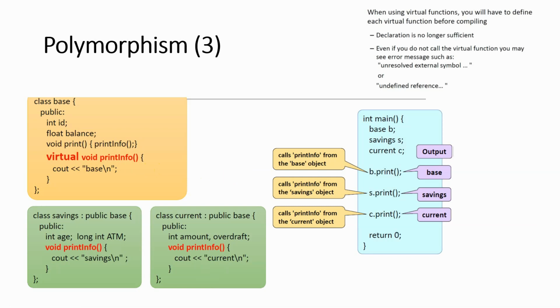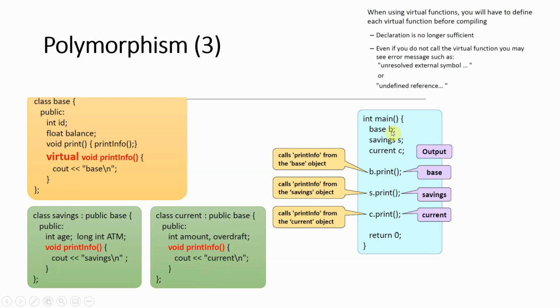So you can see that here the print info is virtual, and the print function is calling the print info. Print info is a virtual function.